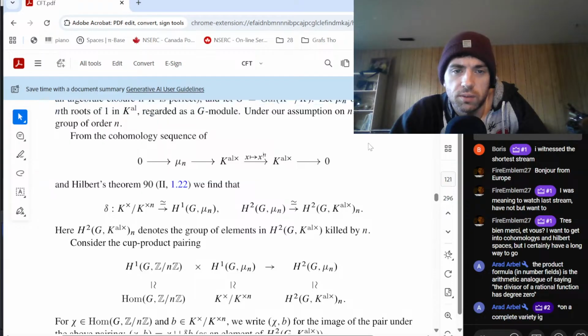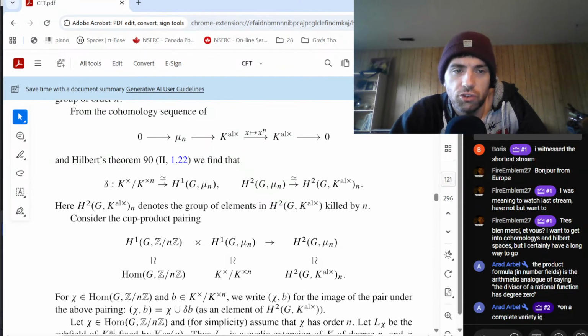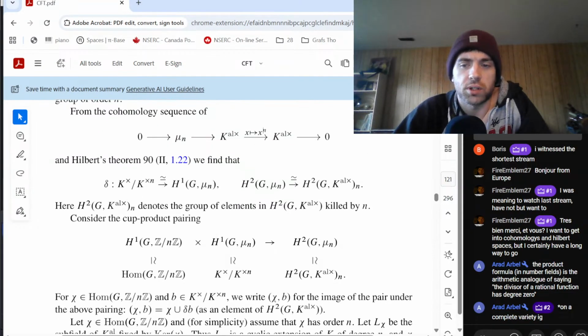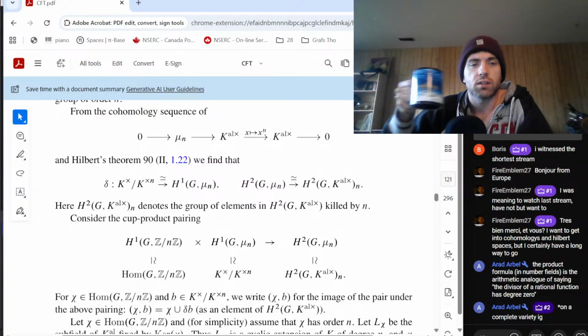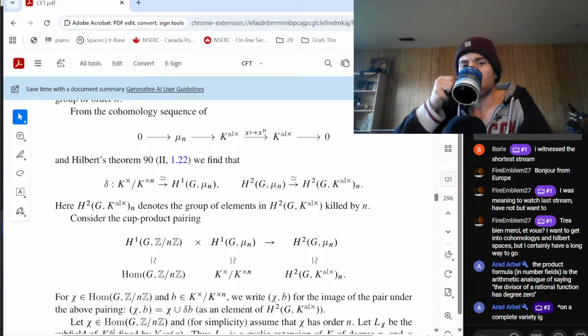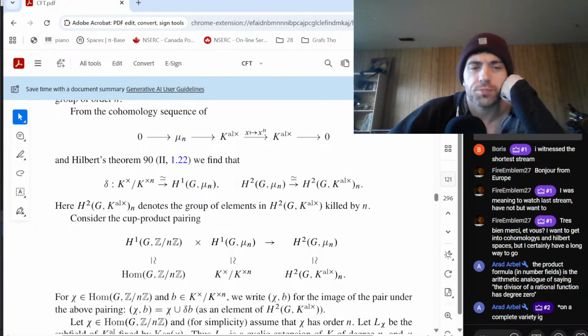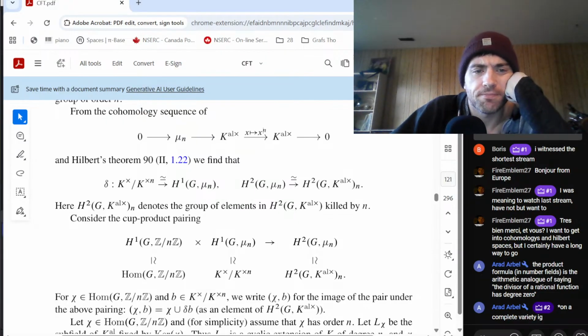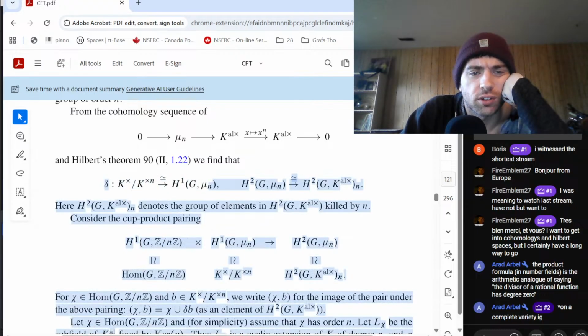Then we take this sequence, and by Hilbert 90, why do we get this from Hilbert 90? Oh yeah, I guess this basically is Hilbert 90, right?